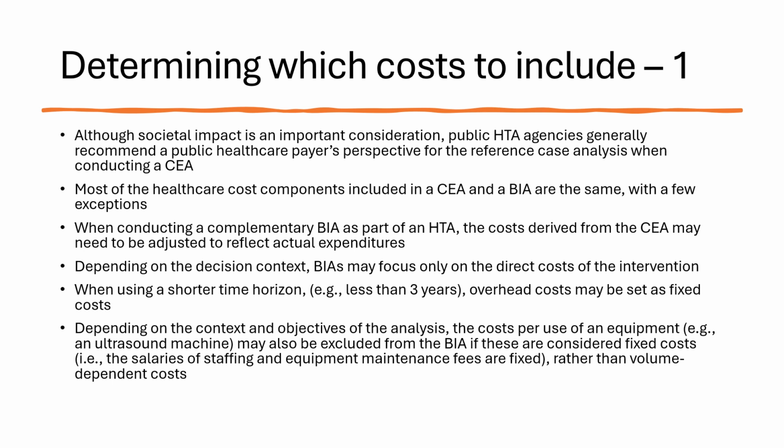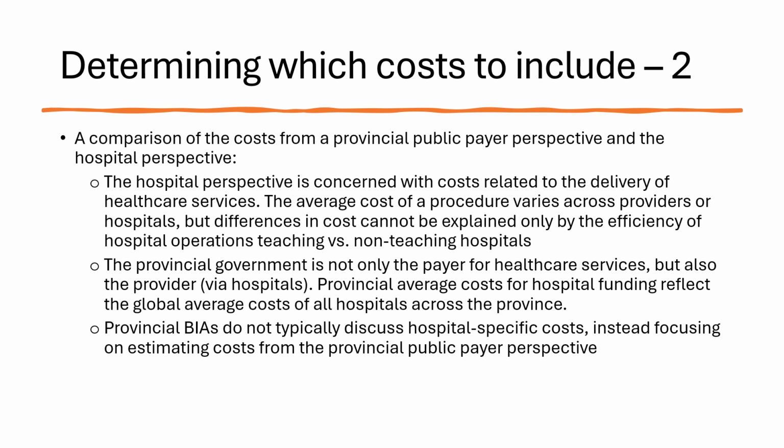Similarly, depending on the context and objectives of the analysis, the costs per use of an equipment may also be excluded from the BIA if these are considered fixed costs, because the salaries of staffing and equipment maintenance fees are fixed, rather than volume-dependent costs. We have provided a comparison of the costs relevant to a provincial public payer perspective and the costs relevant to the provider perspective. See the slides.